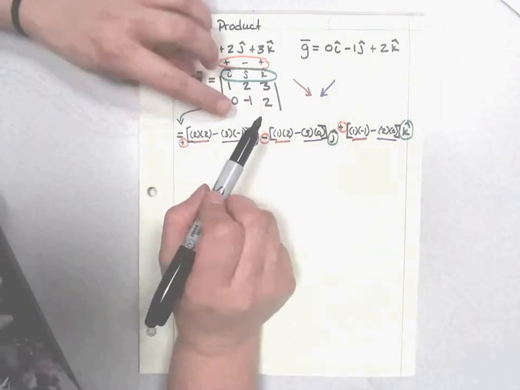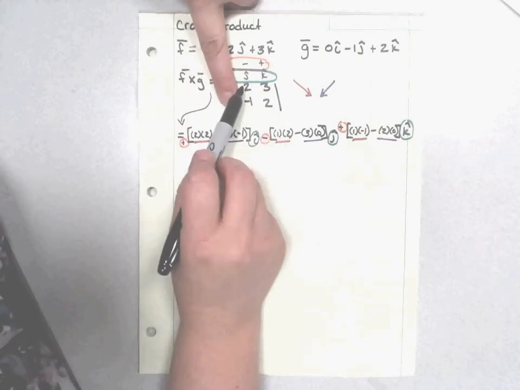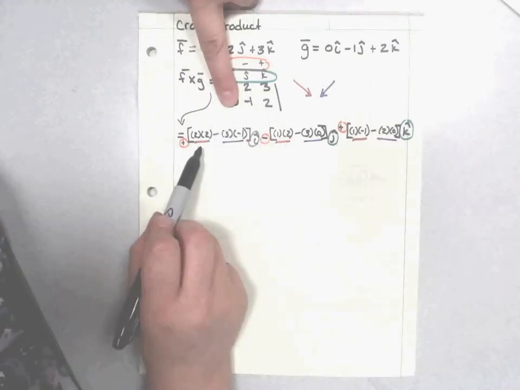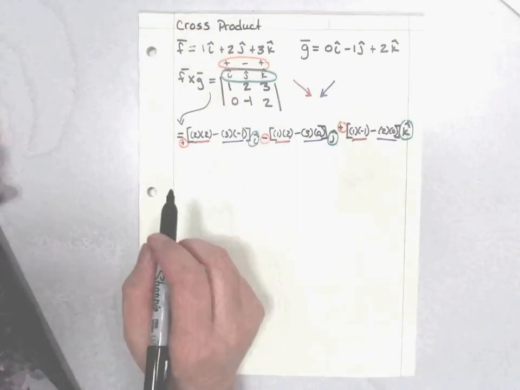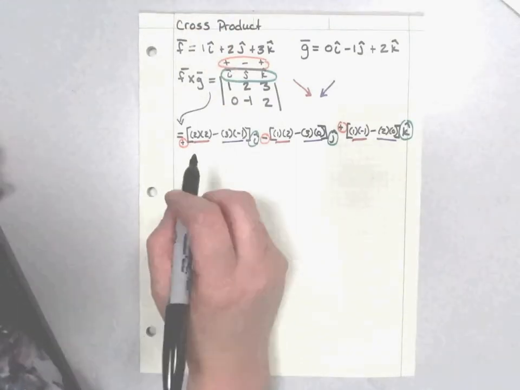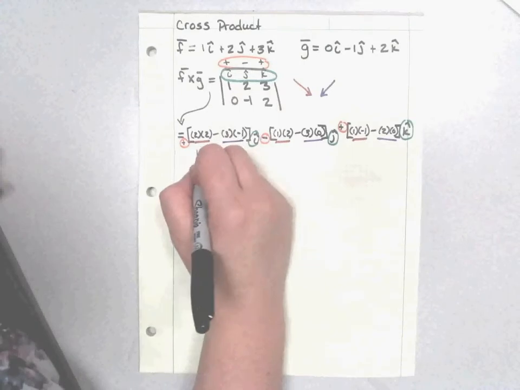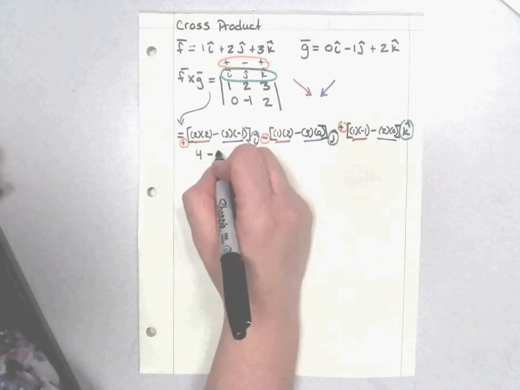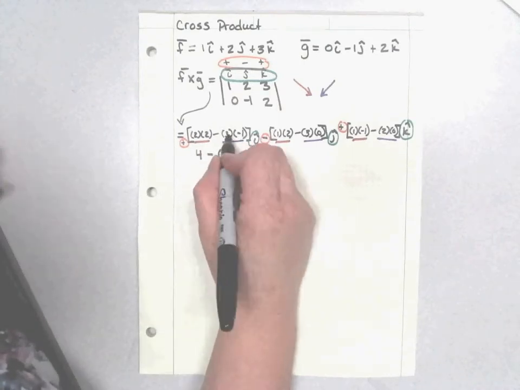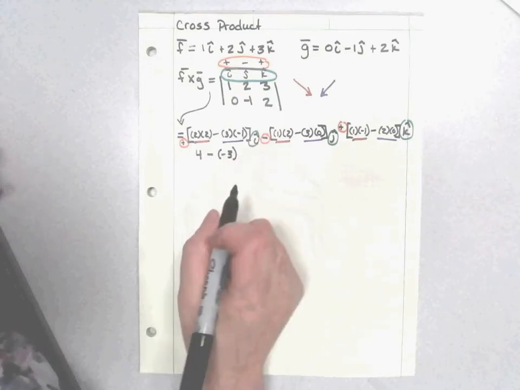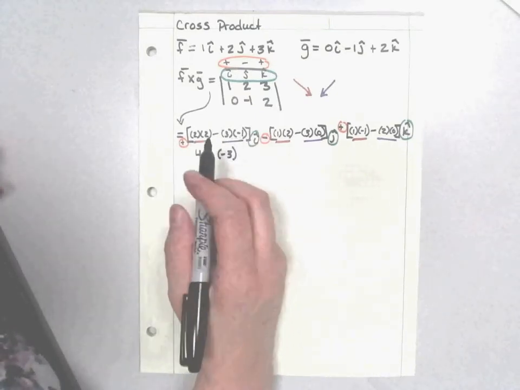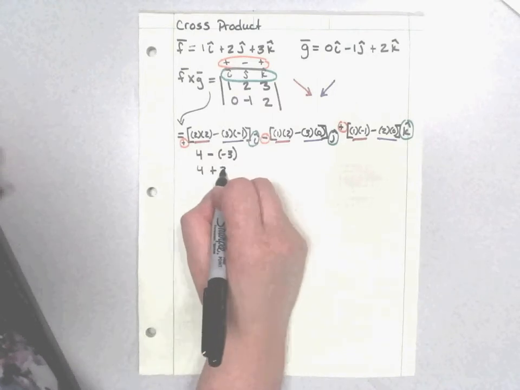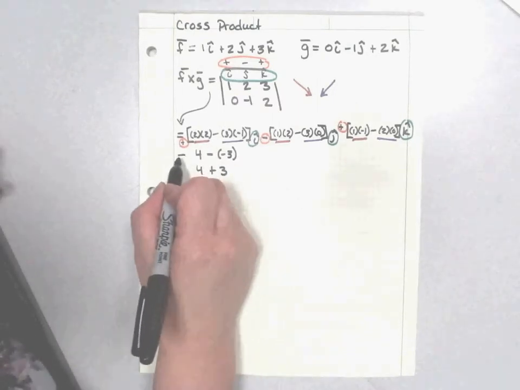So for i, if I cover that up, I'm 2 times 2, and then 3 times negative 1. Okay? Now to simplify this further, I have 4 minus, and then this will be a negative 3, 3 times negative 1, but 4 minus a negative 3 is the same as 4 plus 3.